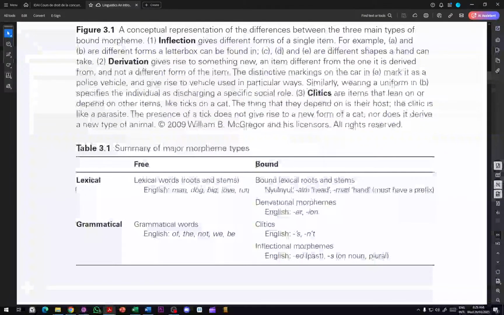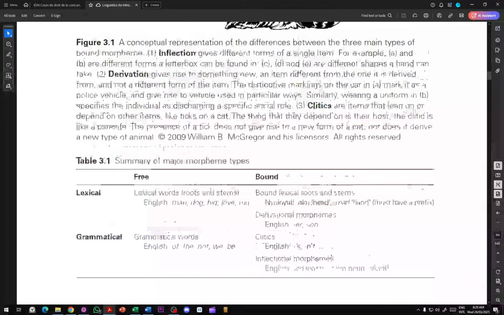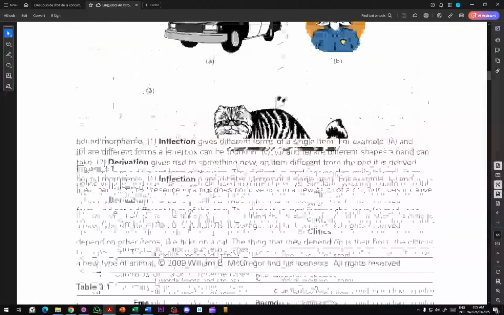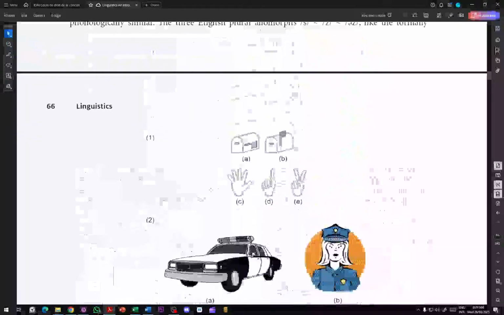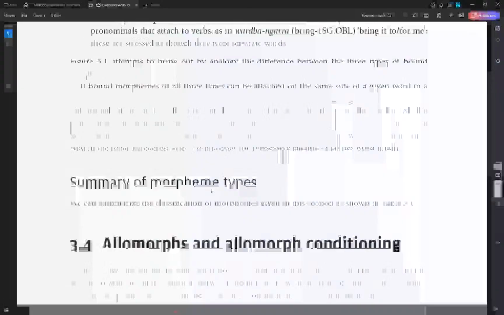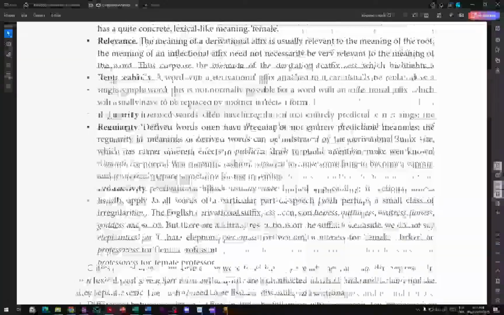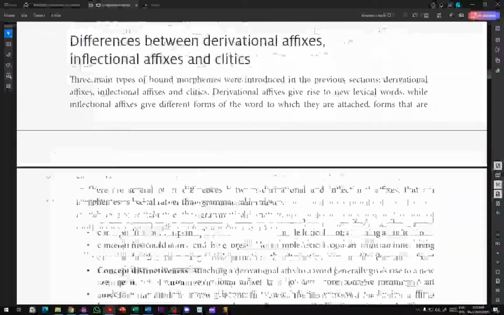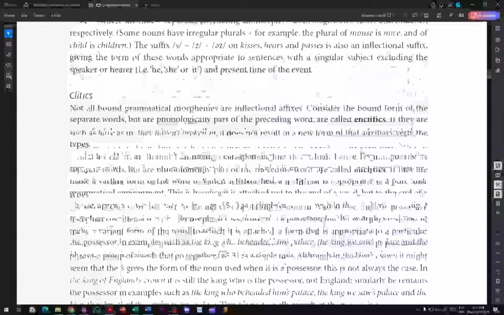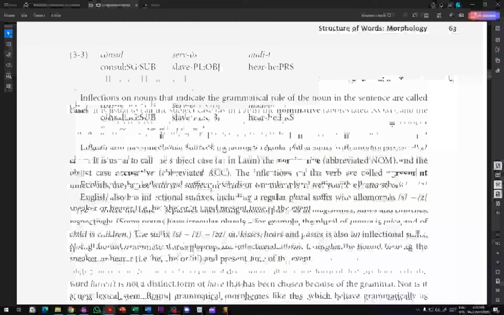I'm reading the table. Okay. It's over at 65 and we have 64 and we are in 63.